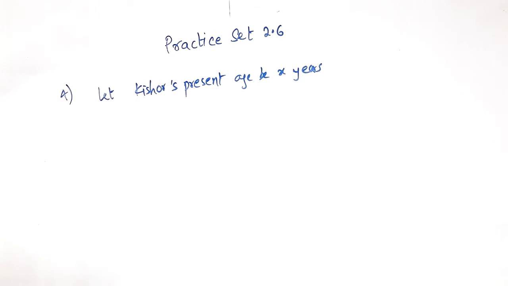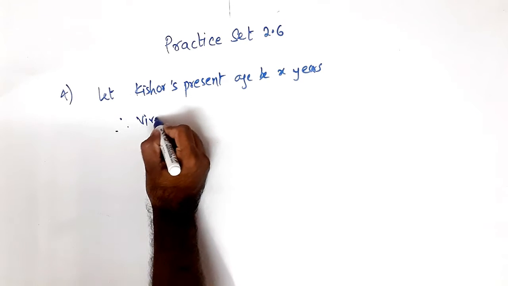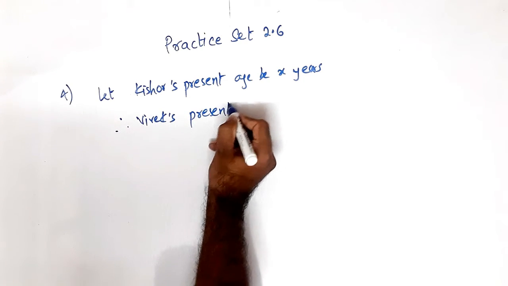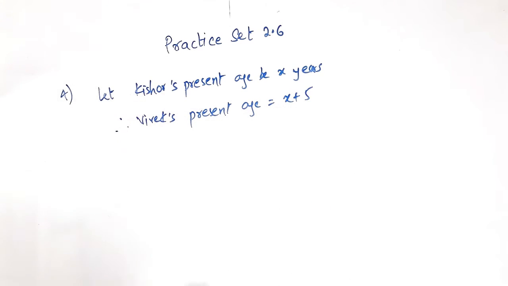Then Vivek is 5 years older, so Vivek's present age is x plus 5.